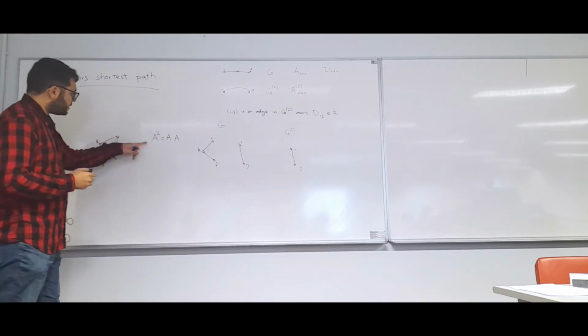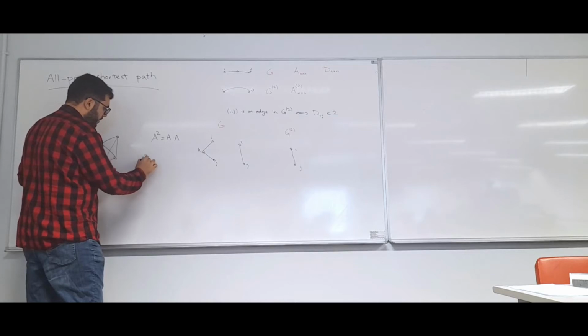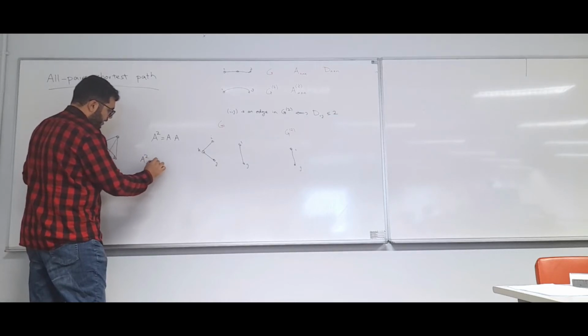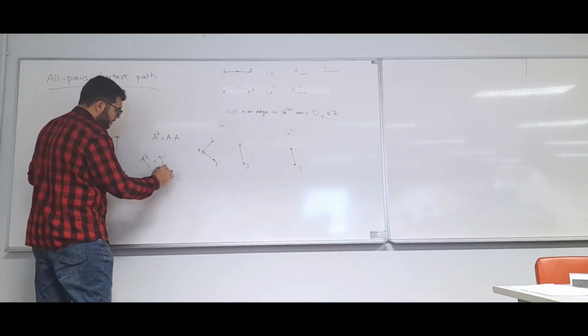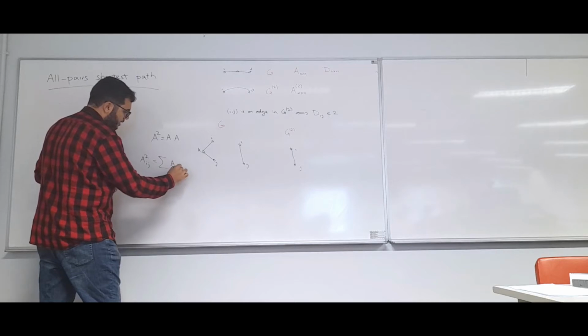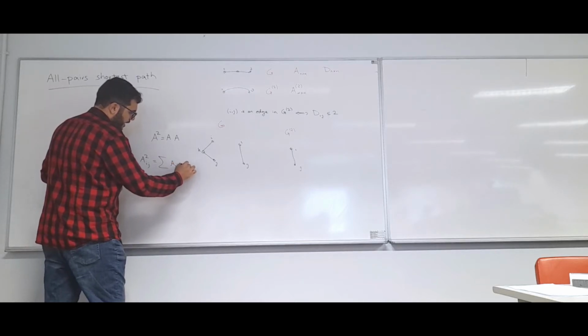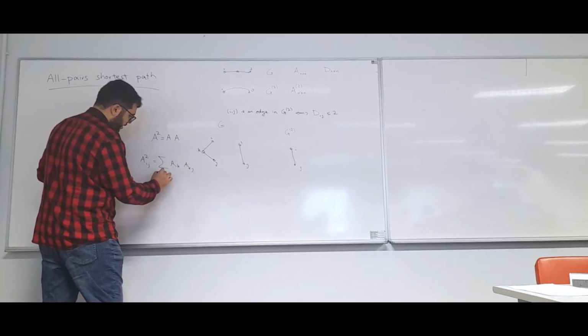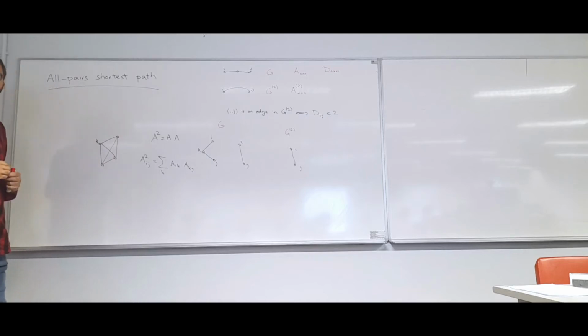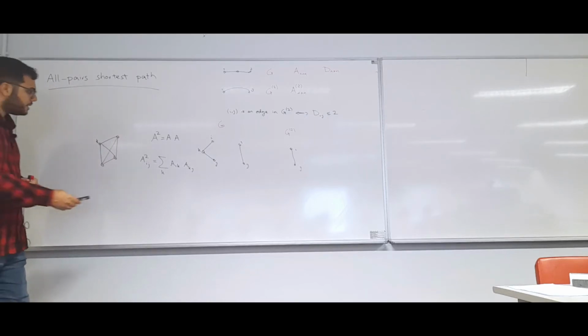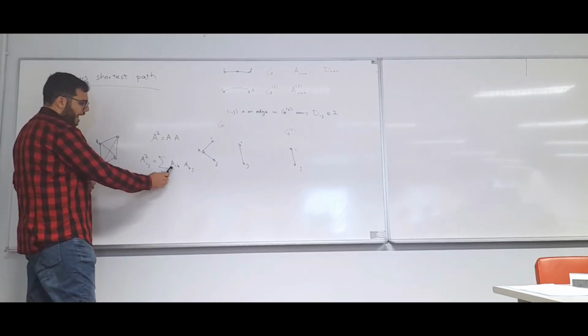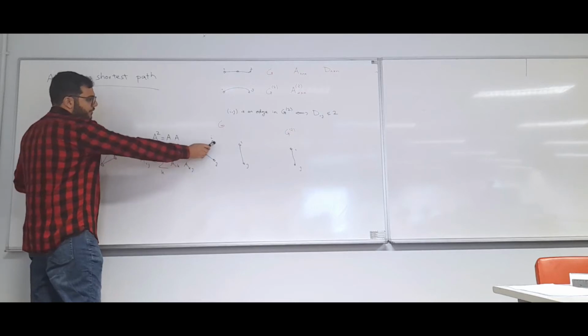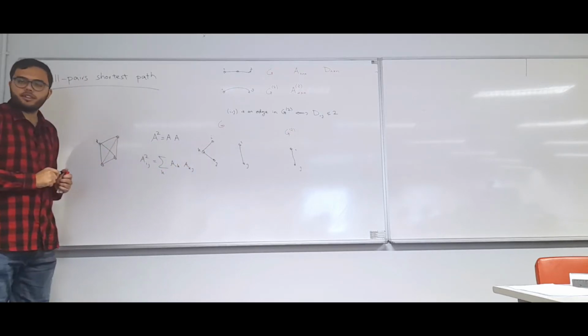What does this matrix give me? So A squared of ij is just the sum of aik times akj for every k. Right? And aik is 1 if I have an edge from i to k.